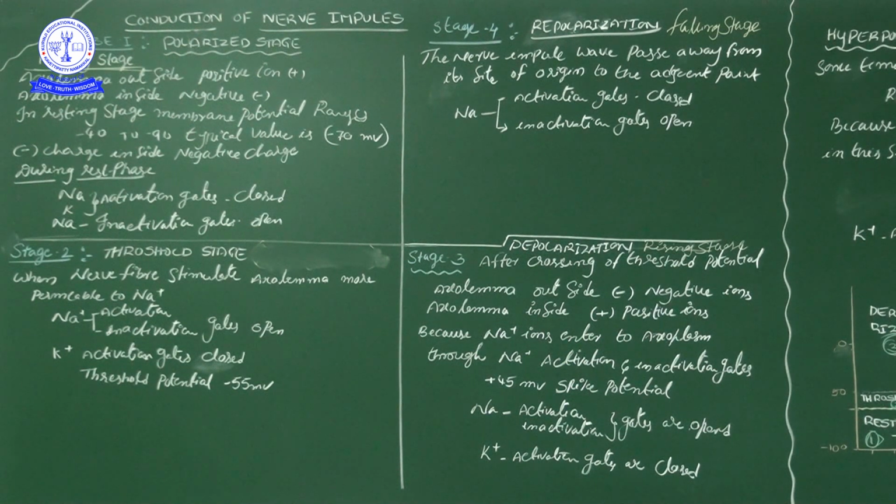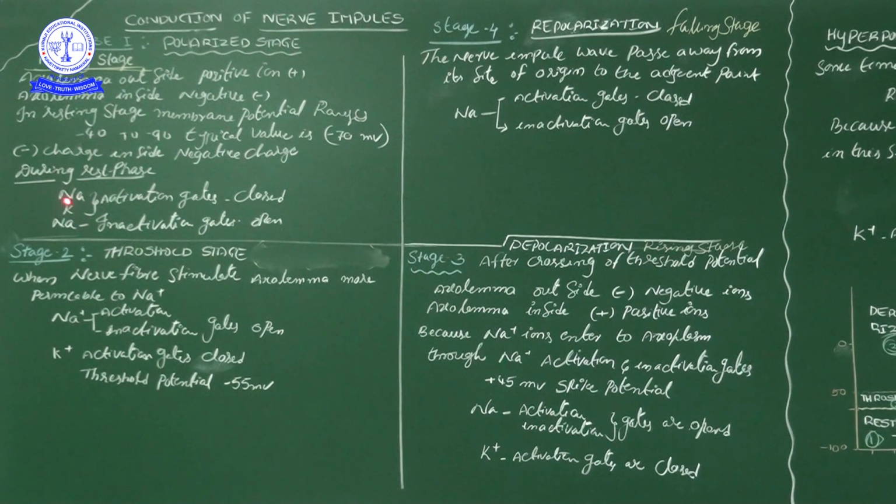On that day I spoke about leakage channels, ligand gated channels and voltage gated channels, the three types of channels we discussed. Correct? Leakage channels are present on the axolemma, and ligand gated channels are on the dendrites and cell body, because of the chemoreceptors. Remember? So recall that.